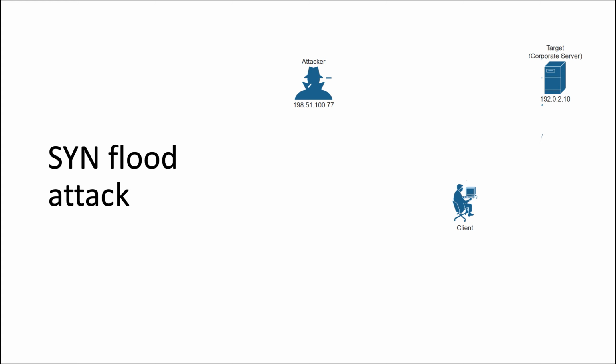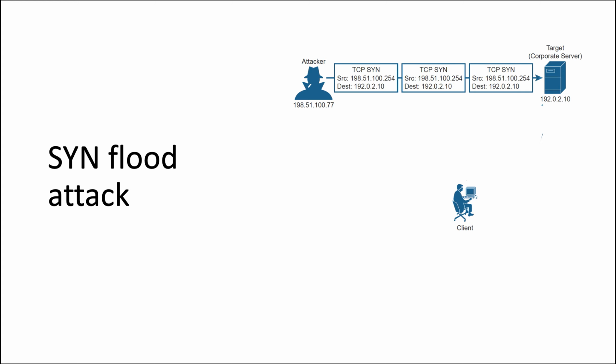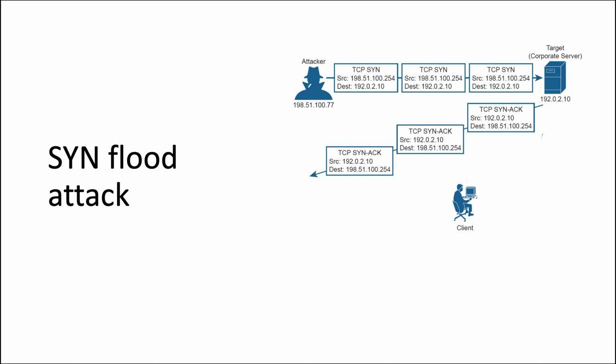In this type of attack, the attacker finds a way to open an abnormal connection to the application server where the attacker sends many SYN packets to the target server, but it does not respond to the server's SYN packet. If you see, it is sending the packet to the server and the server is responding back, but it is not acknowledging that.